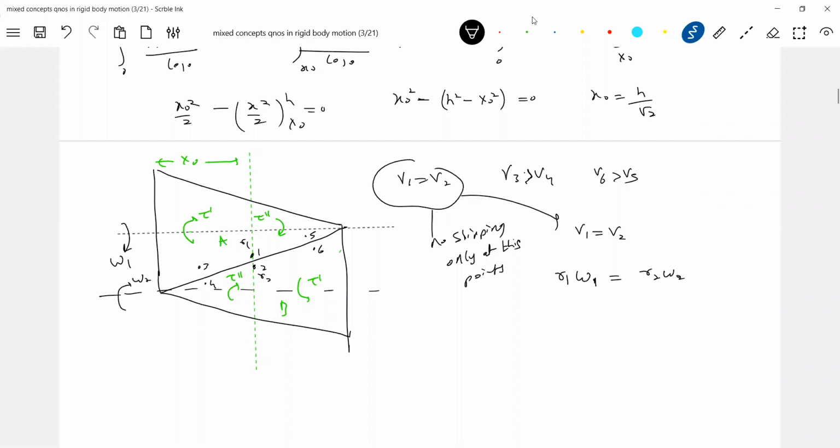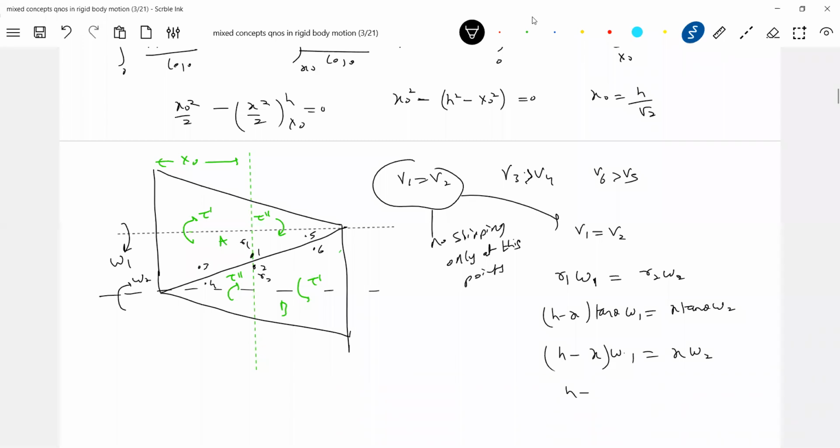R2 into omega 2. What is R1 equal to? H minus X tan theta, into omega 1. What is R2 equal to? X tan theta. Tan theta will get eliminated, what we assumed. So we end up with H minus X, omega 1 equals X omega 2.